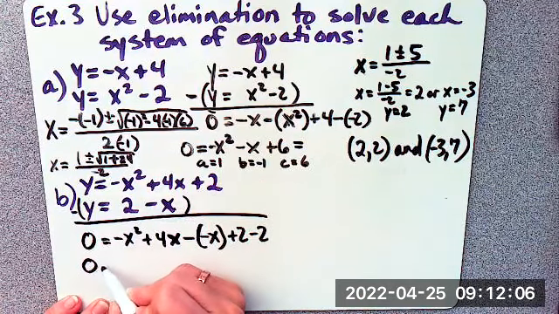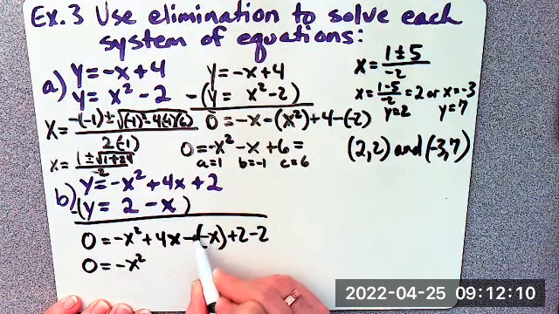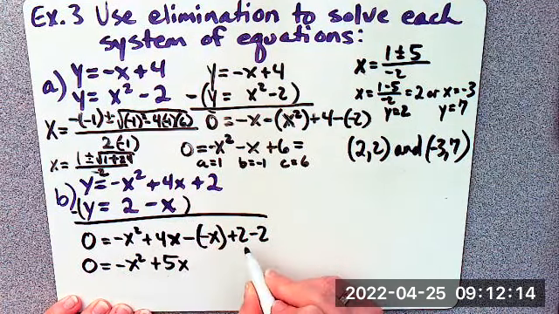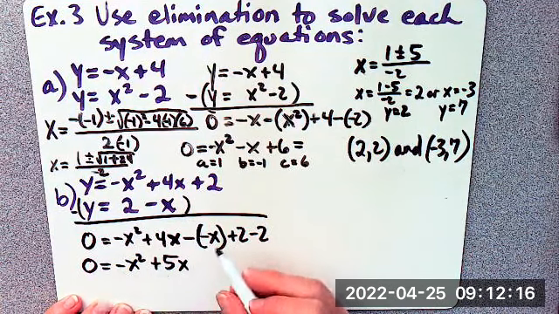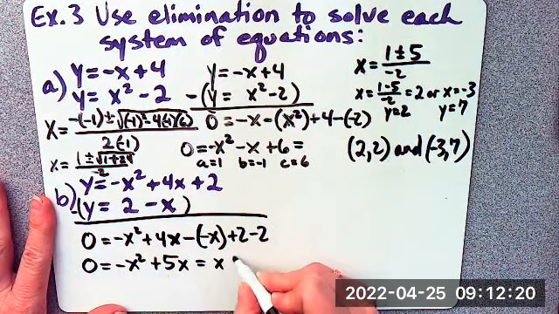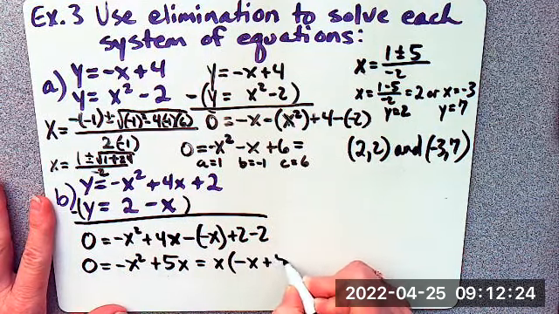So let's figure out what we've got now. So we have negative x squared. This becomes a positive, so this is plus 5x, and then 2 minus 2 is 0. So this one's an easy factor. We just pull out x, and then we have negative x plus 5.